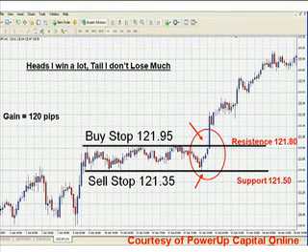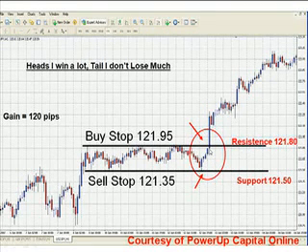A buy stop order is an order which will be done only when the currency touches 1.1195, and a sell stop order is an order which will be executed only when the currency hits 1.1135. So essentially when you place these two orders, it's basically a pending order waiting to be executed.